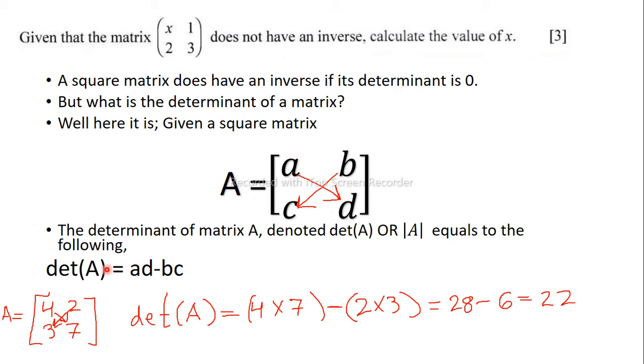But if we do the determinant of a matrix and it's 0, then that matrix doesn't have an inverse. The good thing is that we did the determinant of this matrix and found that it is 22, which is not equal to 0. So this matrix A does have an inverse.